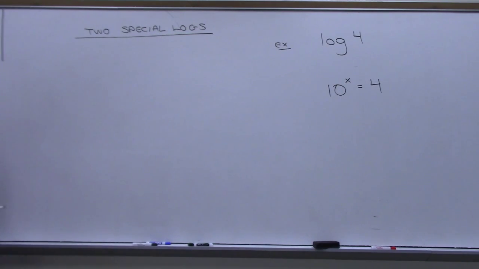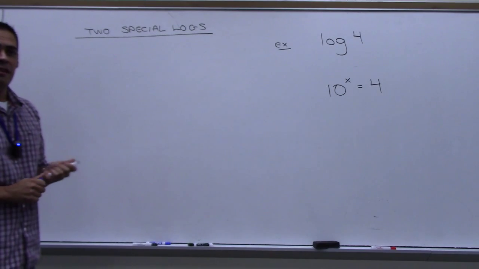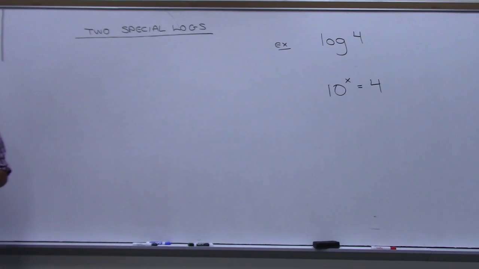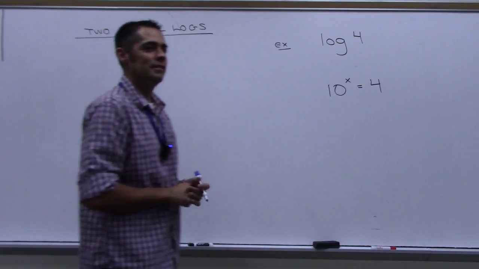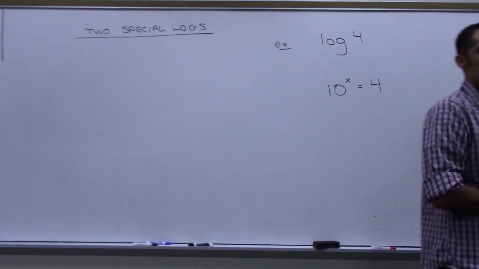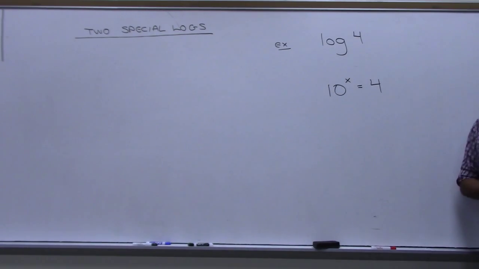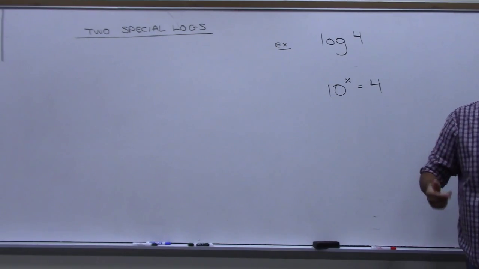All right. So if you look on your calculator, do you see a LOG key? Has to be LOG. Try and use your calculator to figure out what log 4 is. You got 0.60 something?